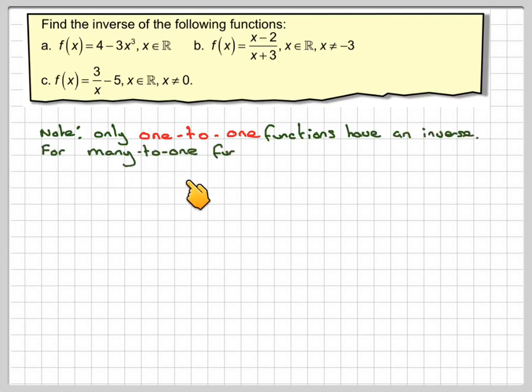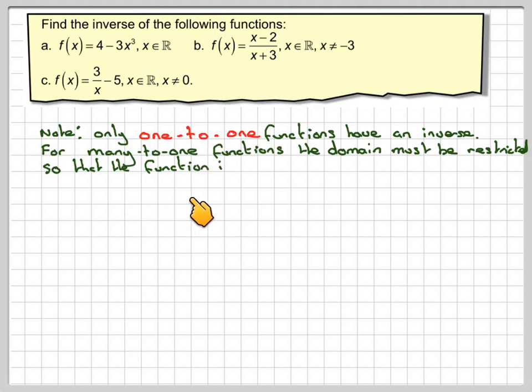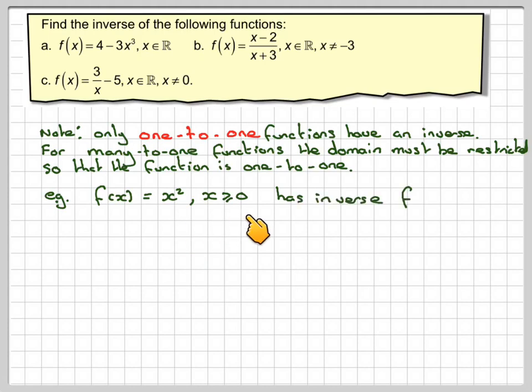If you have a many-to-one function, the domain must be restricted so that the function is one-to-one. For example, if f of x is equal to x squared for x greater than or equal to 0, then the inverse function will be the square root of x.